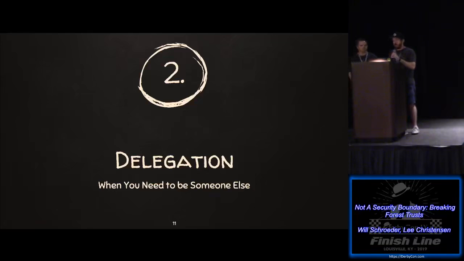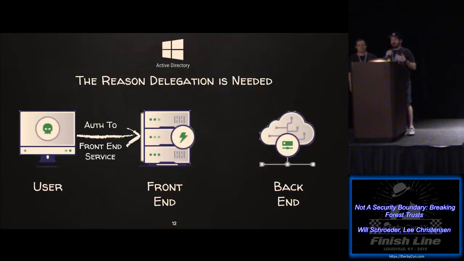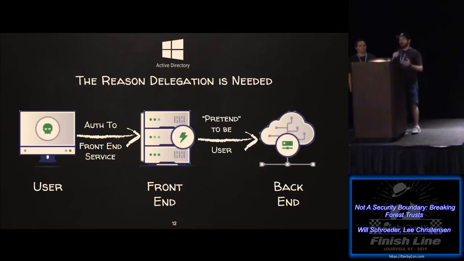There's a second part in Active Directory that's a really useful or needed thing in a lot of operations called delegation, meaning when you need to pretend to be another user, impersonate them to a different service. For example, the canonical example is when a user connects to, say, a web application, and that web application needs to impersonate or pretend to be that person to, say, a backend database.